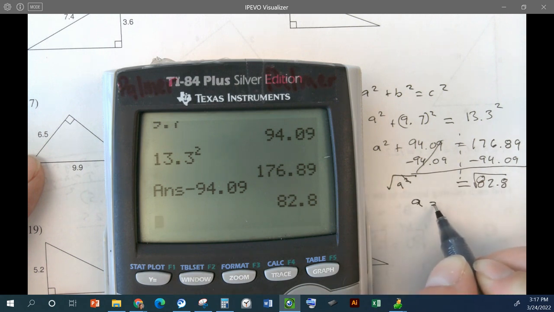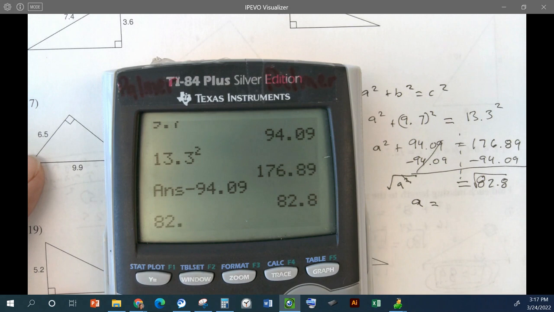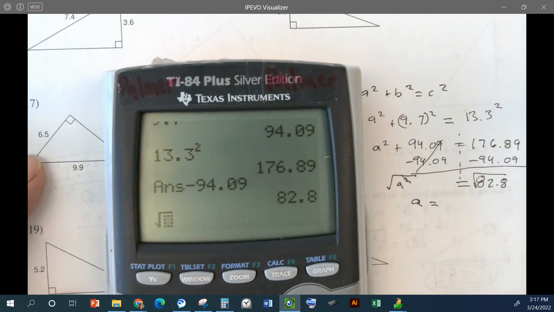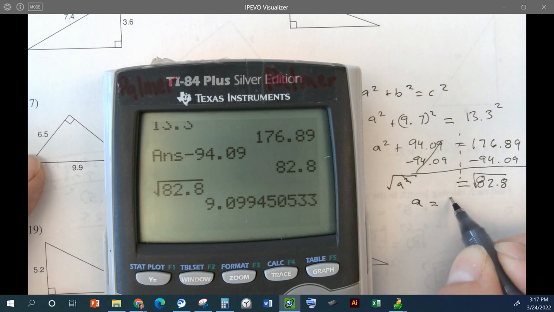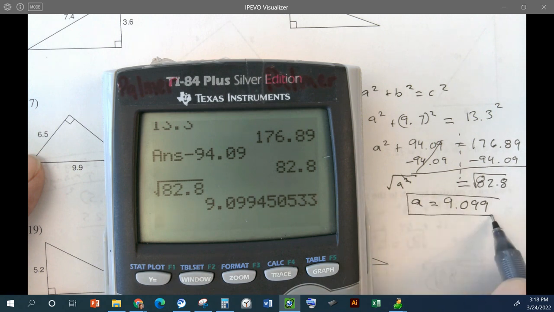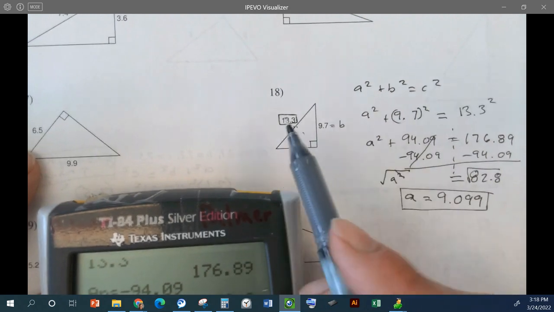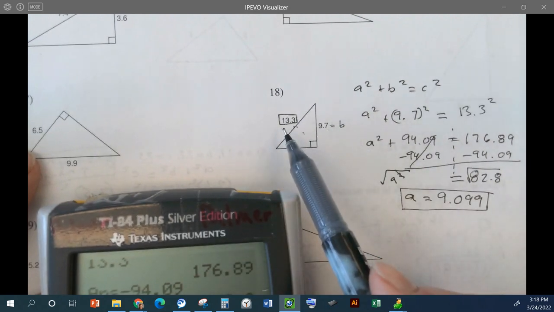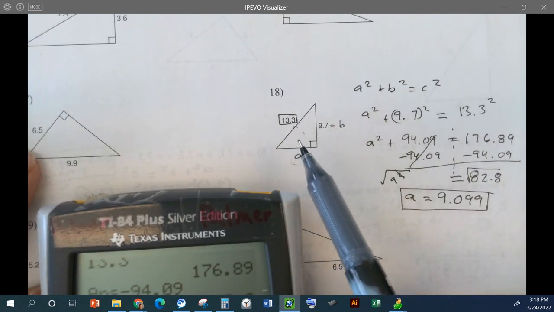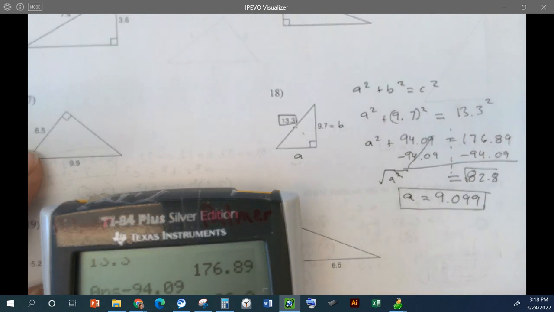So now we just have A, and we have the square root of 82.8. If it's a decimal, it's pretty hard to do by hand. So I think you would have to use a calculator here. So that's our A. And then we have to check, is A shorter than C? That's true. So A and B have to be shorter than C.